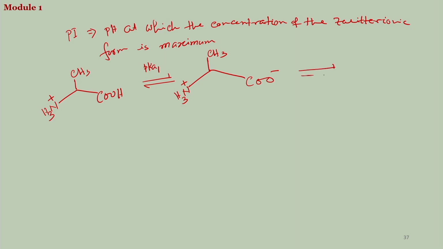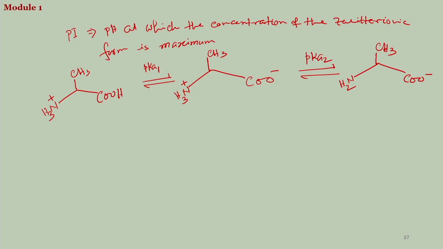And then as you move further on, eventually the NH3+ should be deprotonated also and will become NH2. So, this is your pKa2, the second pKa. The first pKa is for the carboxylic acid, and the equilibrium is from the free acid to the carboxylate anion. The second pKa is for the deprotonation of NH3+ to NH2, the basic group.